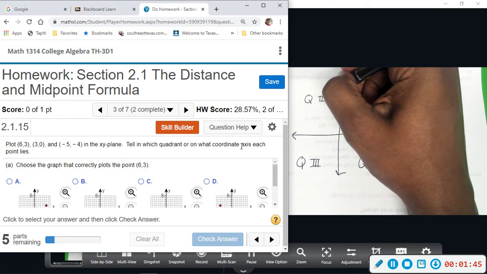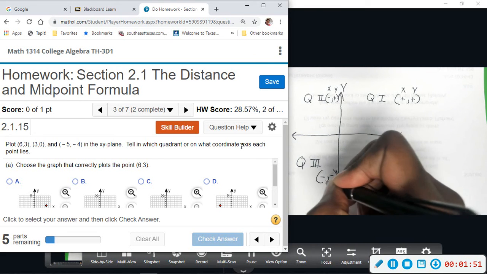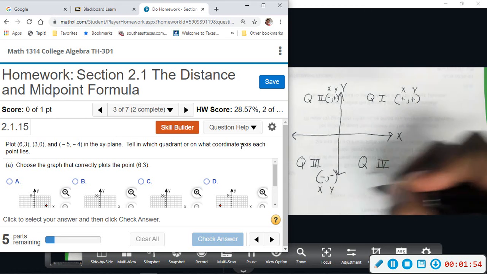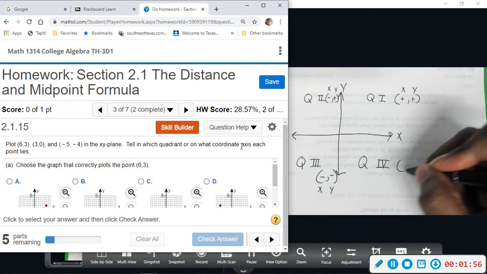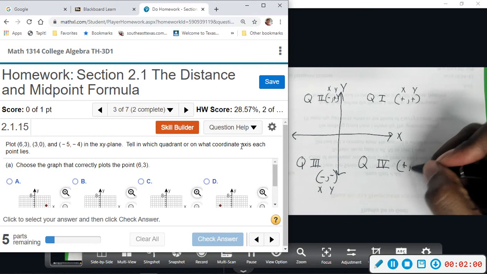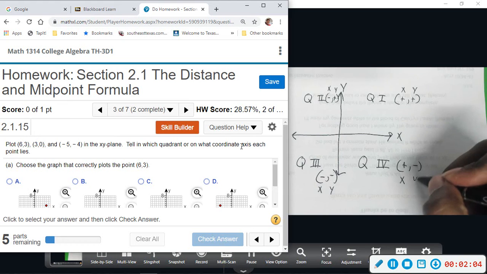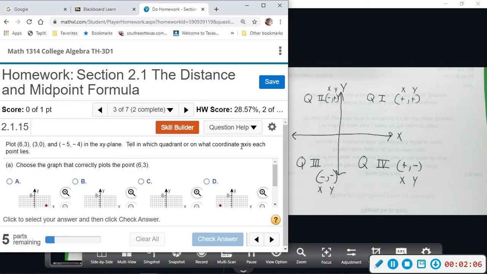So X, Y. In this quadrant, both X and Y are negative. And in quadrant 4, the X value is positive, but the Y value below the line is negative. Okay, so this will kind of help you identify which quadrant each point belongs to and where they should be listed.